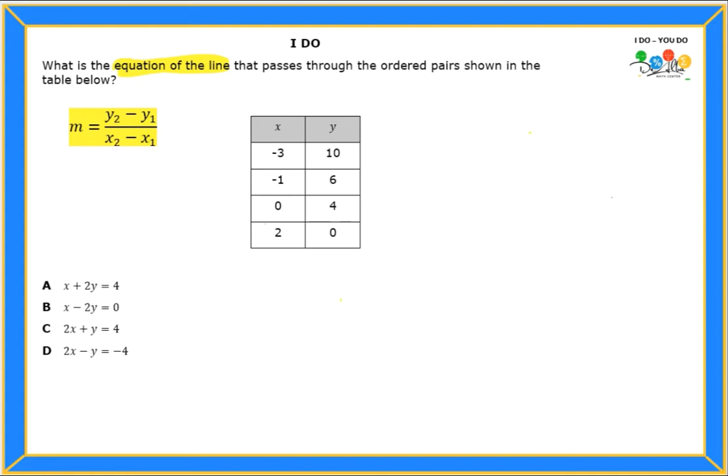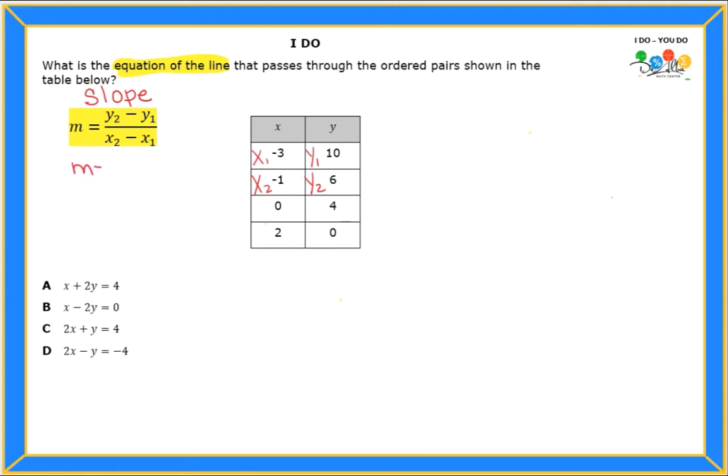When I use the formula, I need to choose 2 points from that table and write labels for the points. So the first one will be x1 and y1. The second point will be x2 and y2. Now I'm looking for the slope. I know that you all know that m is the slope, but let's write it down.